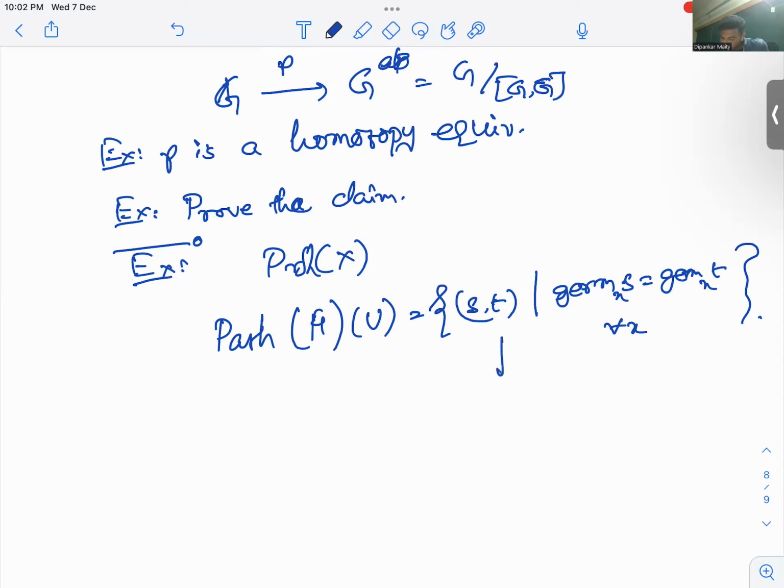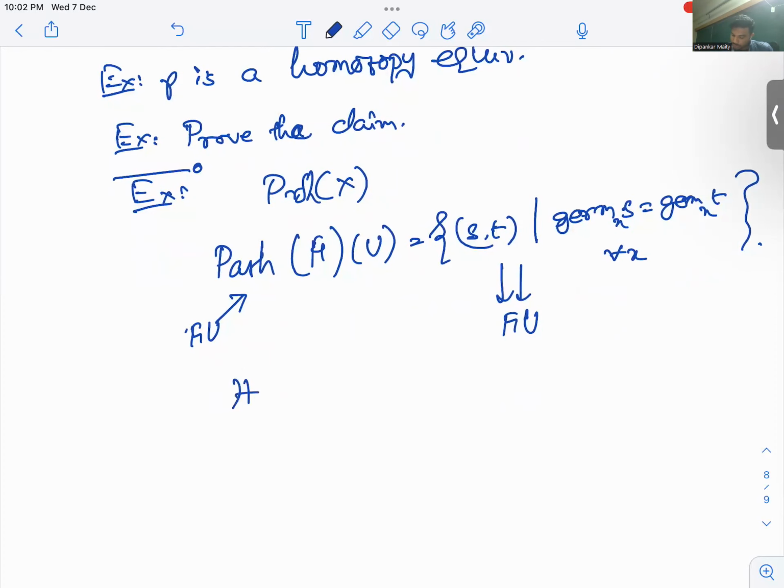There are of course the obvious projection maps to F(U) and a constant map s, s from F(U) to path F(U), and it gives you a path structure. So much so that the corresponding homotopy category, the homotopy category of pre-sheaves on X along this path structure, is precisely the category of sheaves on X.